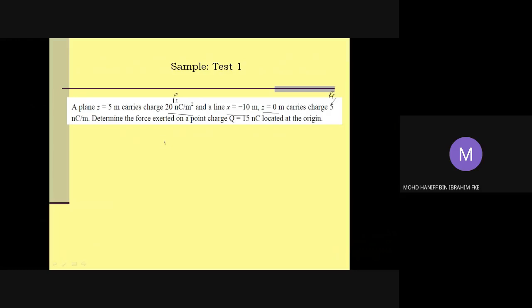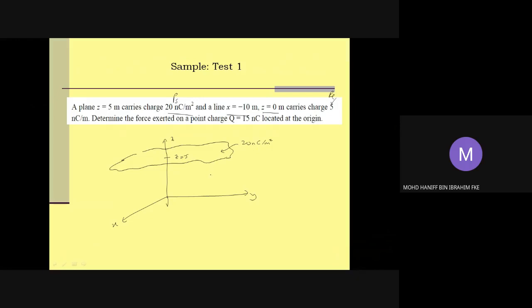This should be your z-axis, that should be your x-axis, and that should be your y-axis. Let us proceed with sketching the surface charge distribution first. It is given that the surface charge is located on the plane z equals 5, and the charge on this surface is 20 nanocoulomb per meter squared, which is a surface charge density.